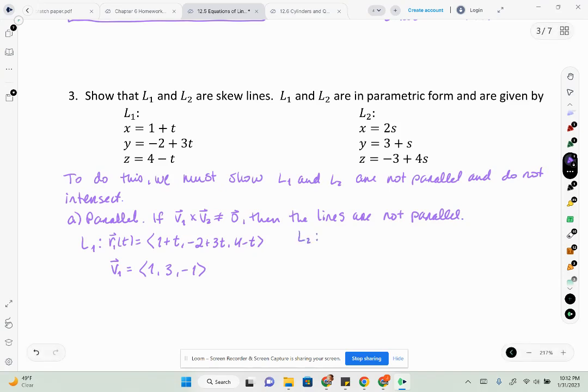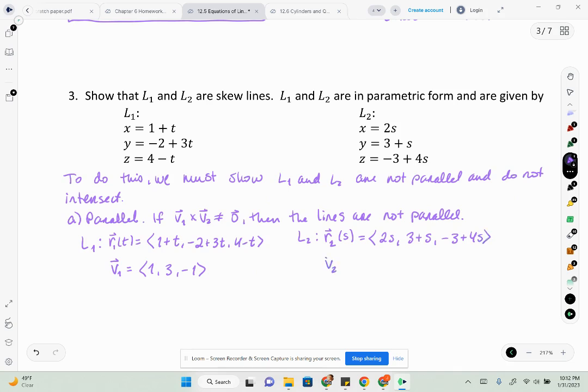L2 has a vector equation. We'll call it R2 of s. If I was to write it in vector equation form, the first component is 2s, the second is 3 plus s, the third is negative 3 plus 4s.